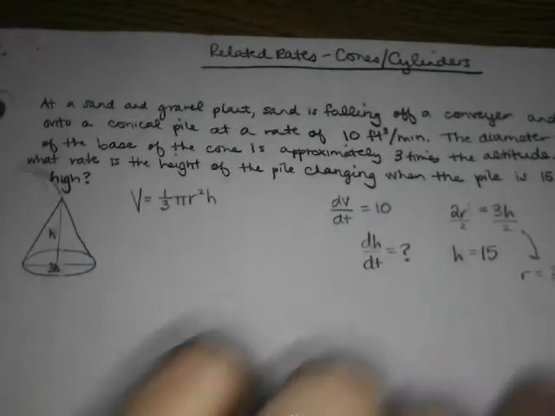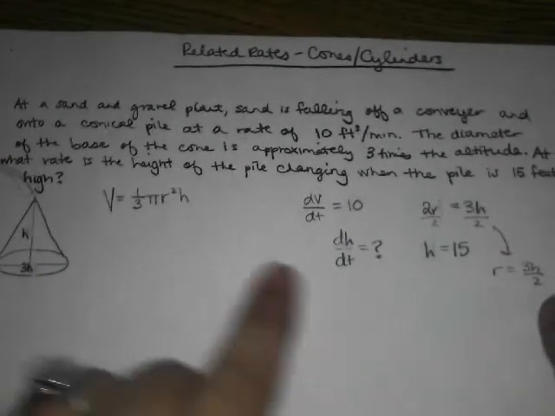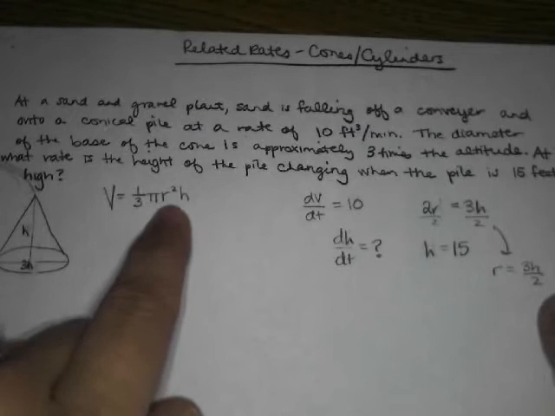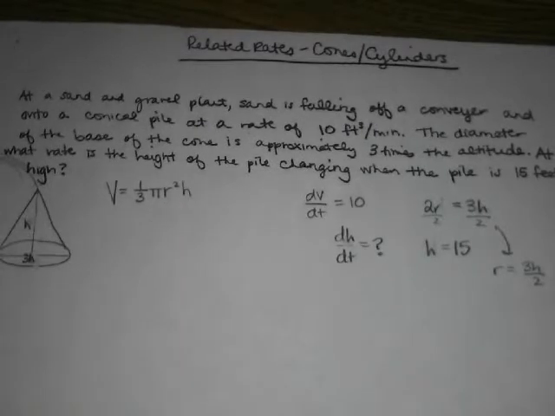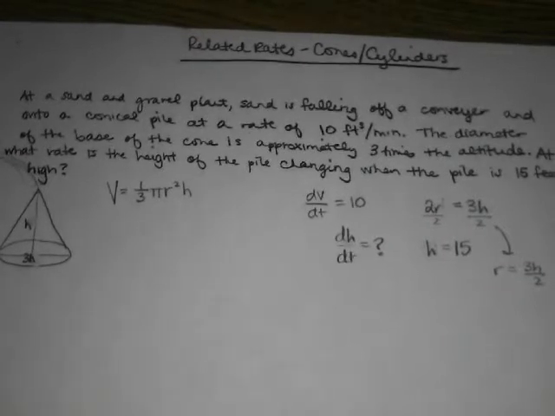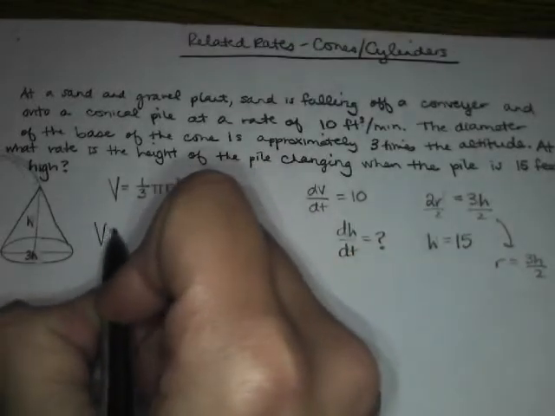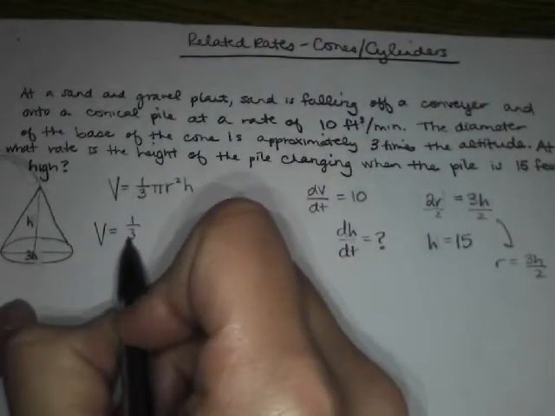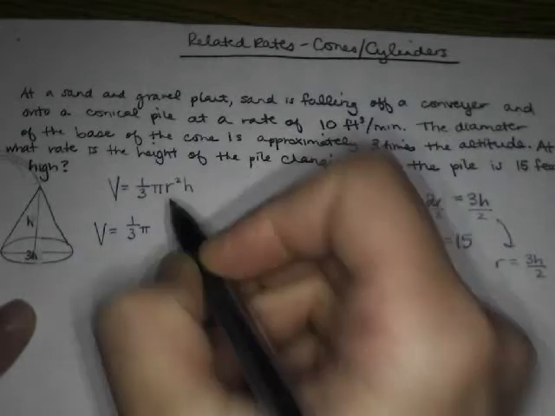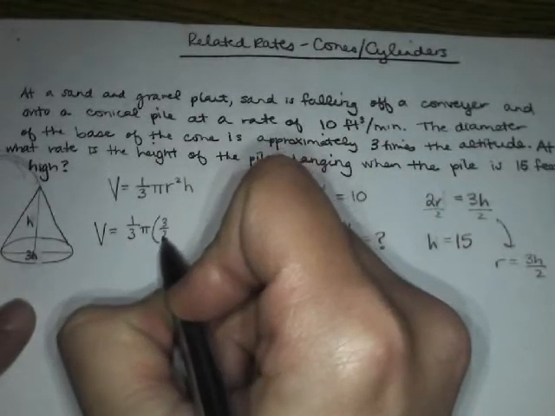And if that is what R equals, I can substitute that in for R before I differentiate, so I don't have a dr/dt issue to worry about, because I don't want 2 unknowns, I only want 1 unknown. So I'm going to take my volume formula and get rid of the R and replace it with 3 halves H.